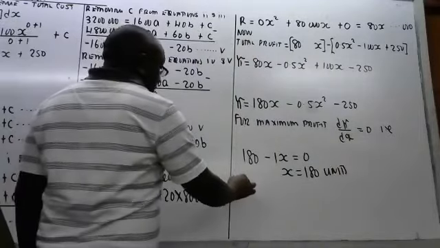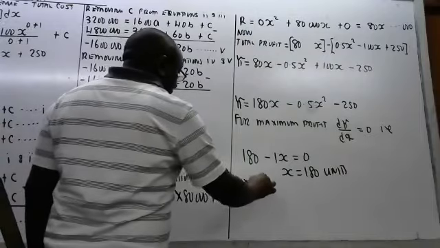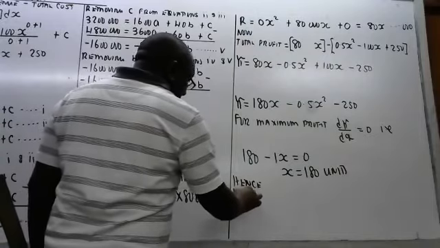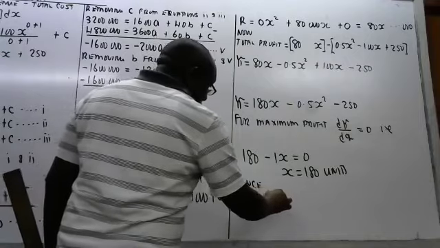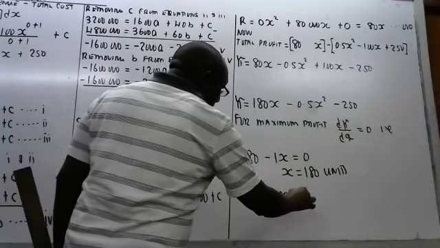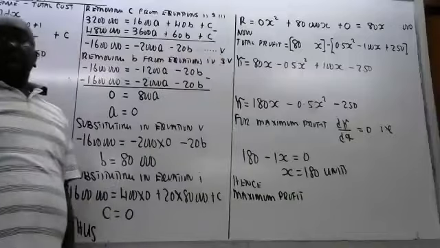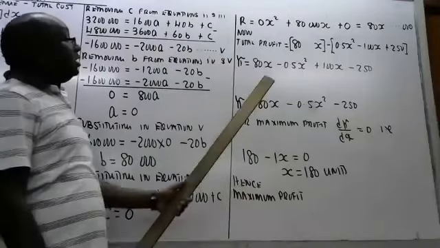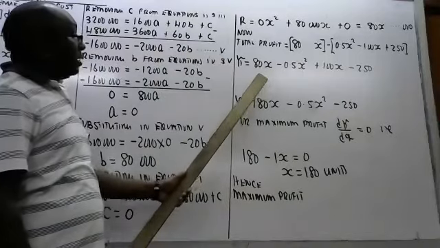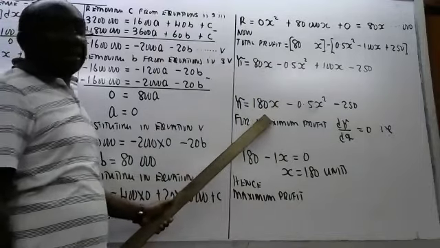And hence, maximum profit. If we are told now to get the maximum profit, you take this function for the profit, or this one that is already consolidated.